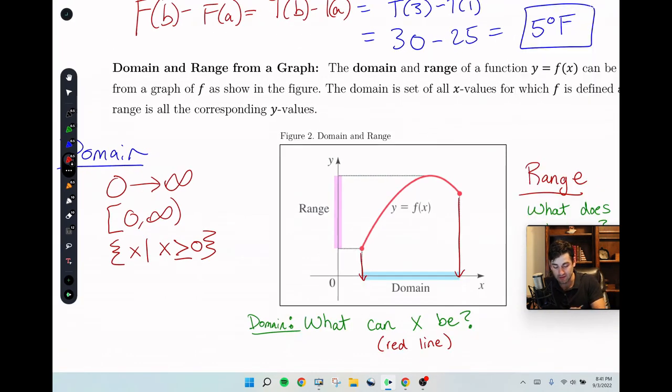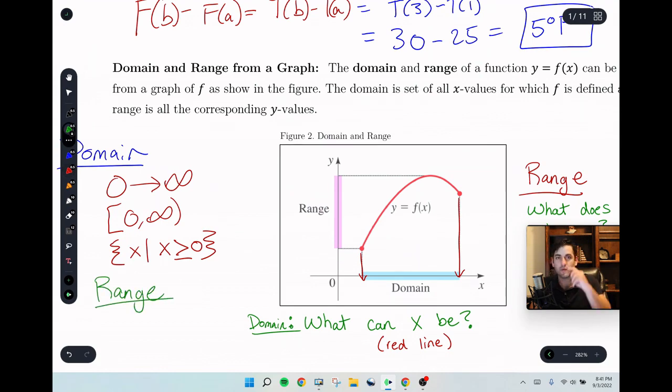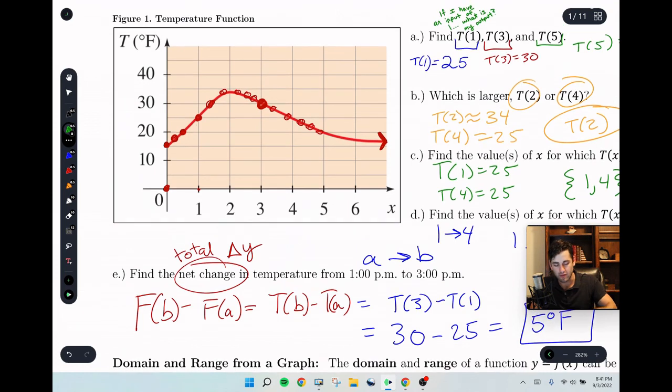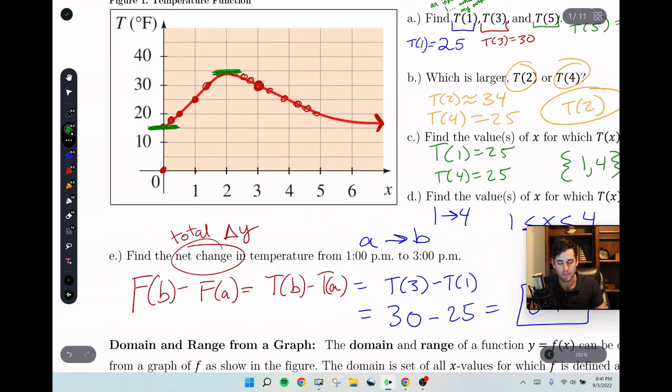All right, now let's look at what does that make our range. So what does this make our range? If we look at 0, our lowest y value at 0 is 15, it looks like. And then it climbs all the way to about 34. And then it starts to go back down, but it never really gets back to 15.